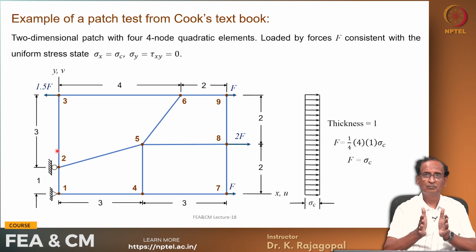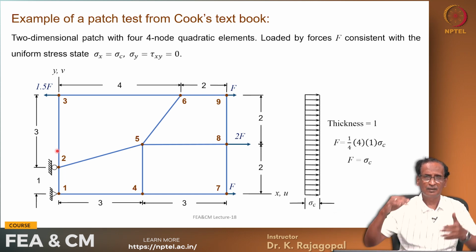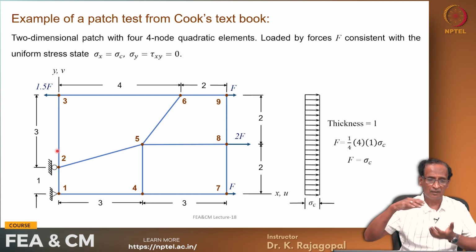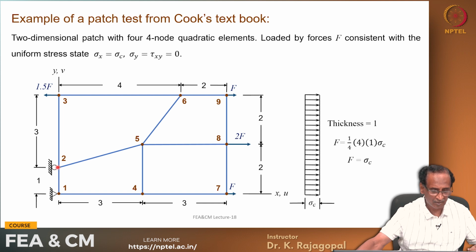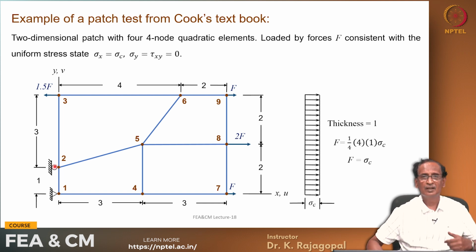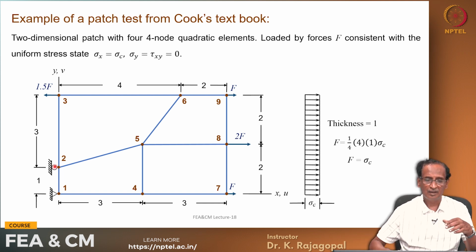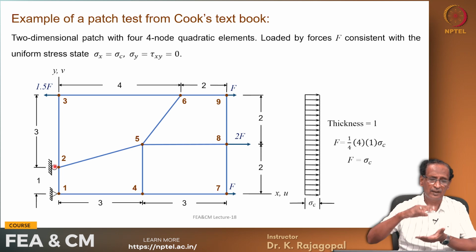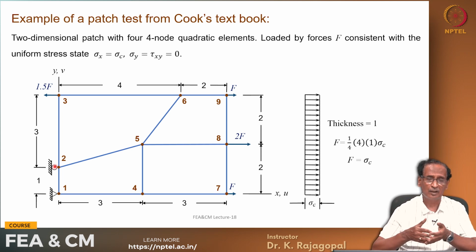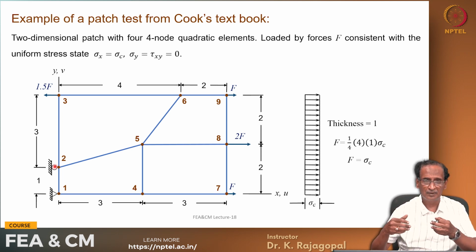As you are elongating the mesh in one direction, in the other direction the mesh should contract because of the Poisson's ratio. So, if you had placed this node on a hinge, then obviously this patch will not pass the patch test, because it tries to contract in the other direction, but you are not allowing it. So, it will develop some extraneous stresses.